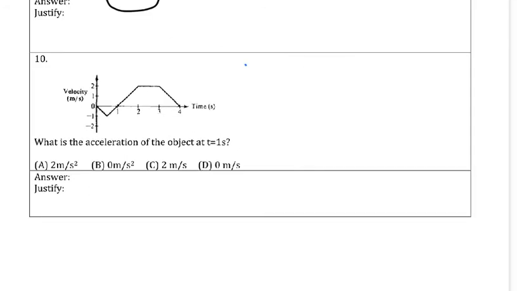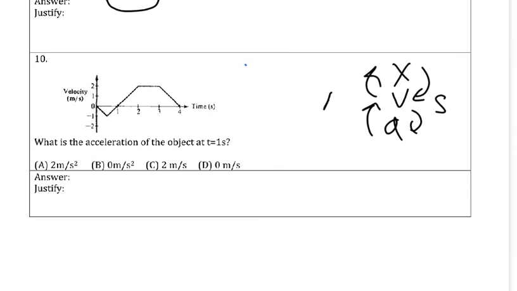Alright, so finally for number 10, it asks, what is the acceleration of the object at t equals 1 second? Okay, again, I'm going to look at my normal chart. XVA, slope, and area. Okay, I have velocity, so I have V. I want acceleration, so I have to find the slope, and I have to find it at 1 second.